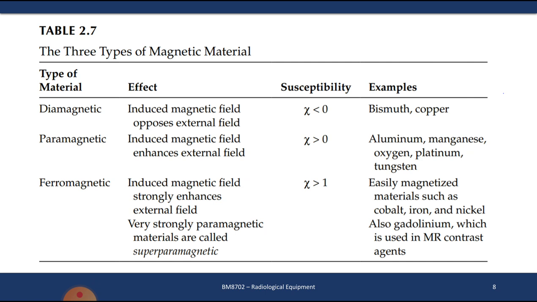And also whenever the person has some metallic implants inside the body, like for example when the person has a knee prosthesis or a hip replacement, there will be some metal placed inside the body, like the bone will be removed and then the hip joint or the knee joint will be replaced by metal cups, right? So in those cases there will be some precautions that have to be taken care of, like the material should not be very strongly magnetic.